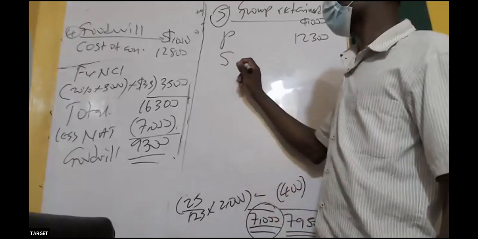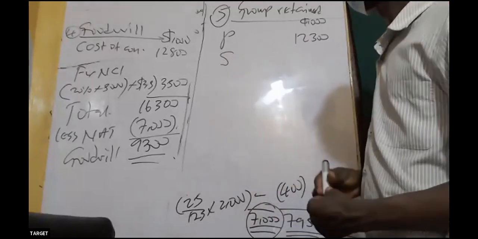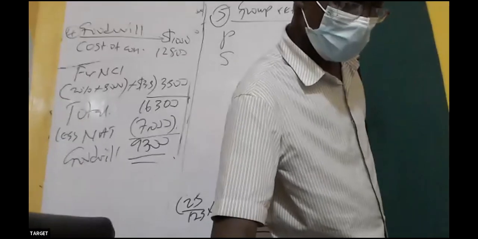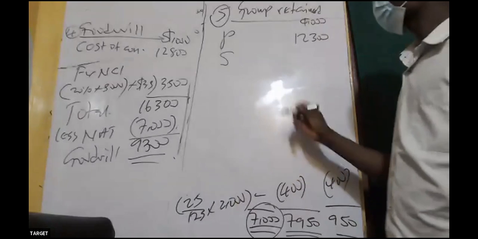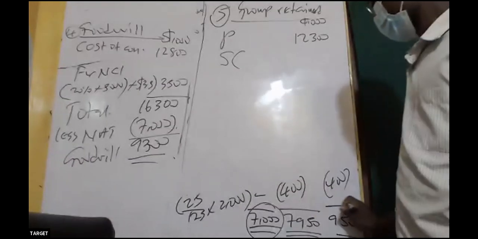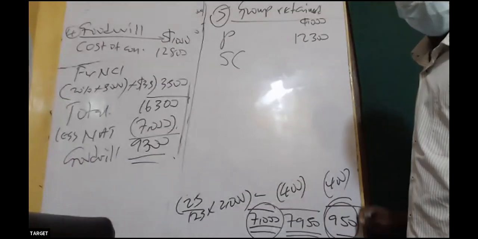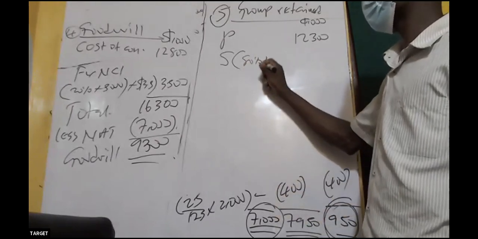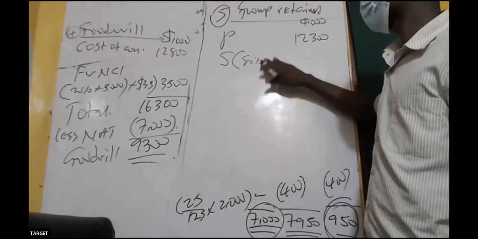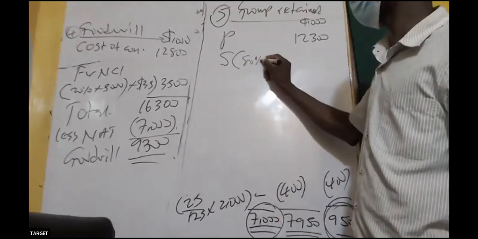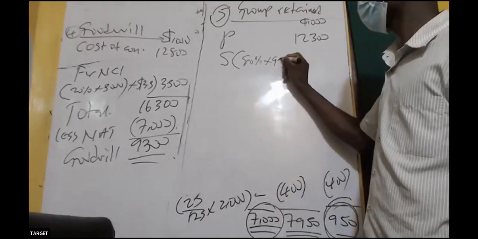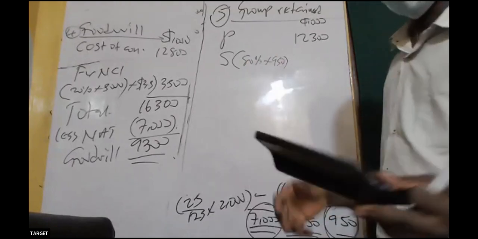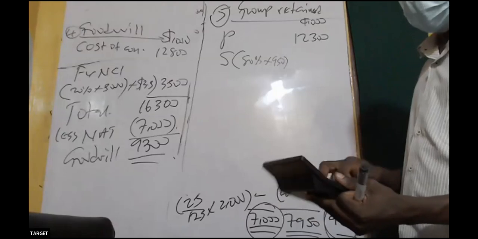Open a bracket for the subsidiary. Now the subsidiary's own post-acquisition changes in the net assets. You take the parent share. So the parent share will be 80% times the 950, so 0.8 times 950.